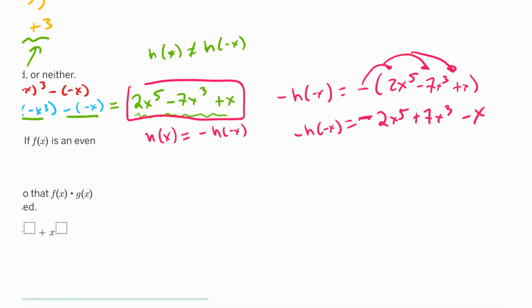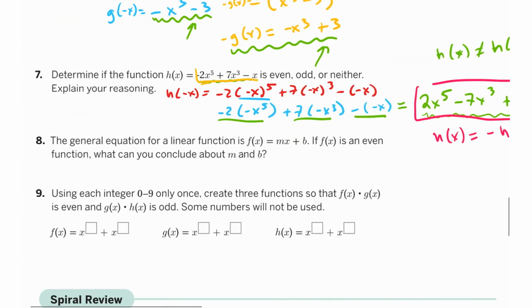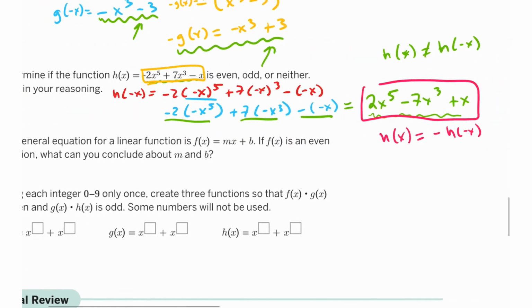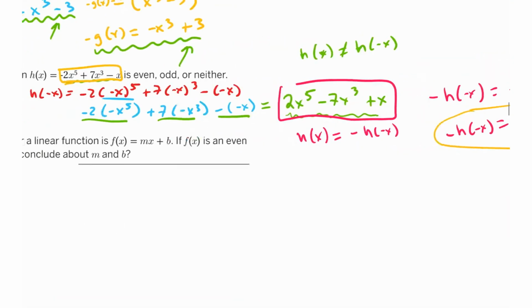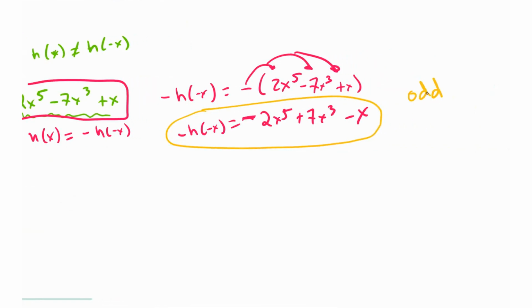Now I'm not doing super great on space here, but what we should see is that negative h of negative x is equivalent to what we started with, our original h of x. And so therefore, this one is going to be odd. Hopefully we go through another one in a little bit that will allow me to do this a little bit neater.